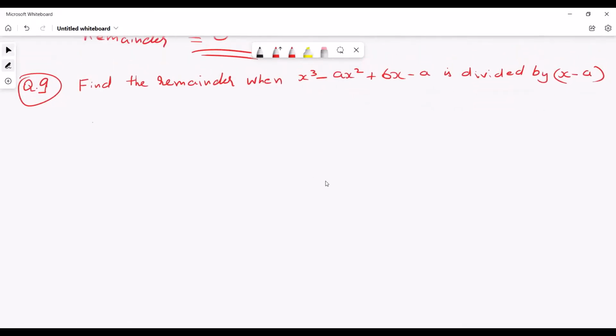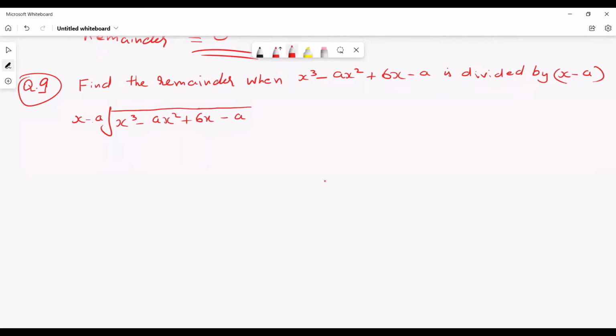In question number 9, we have to find the remainder, and the polynomial is x cube minus a x square plus 6x minus a, and we have to divide it by x minus a.